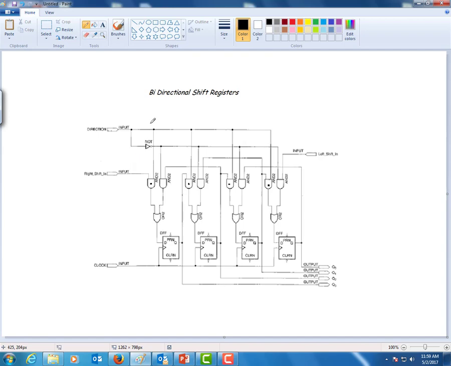So in this case, I'm just going to draw an input here as an up arrow. In other words, it must be high. That enables these gates. However, let's look at these gates. You see this knot here? This means this line here is going to be low, isn't it?